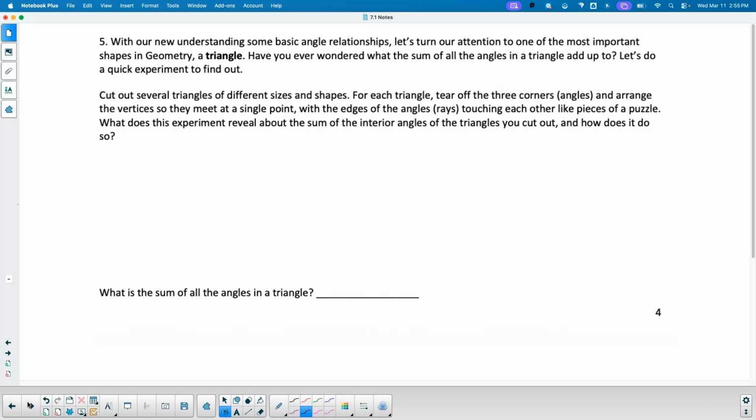Yep. So this would be angle plus angle plus angle is 180 degrees. Okay. Good to know.